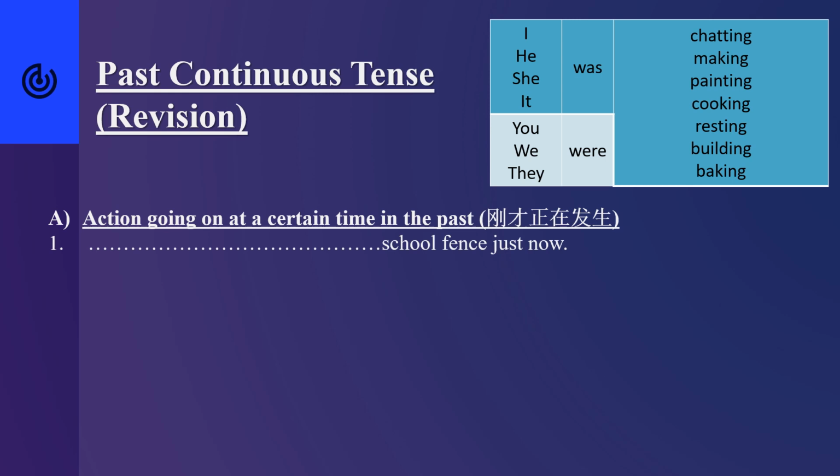I repeat number 1. Please remember when to use was or were. Was with who? Were with who? 是很多的男孩子，刚才正在油漆学校的篱笆。The school fence. That's number 1.